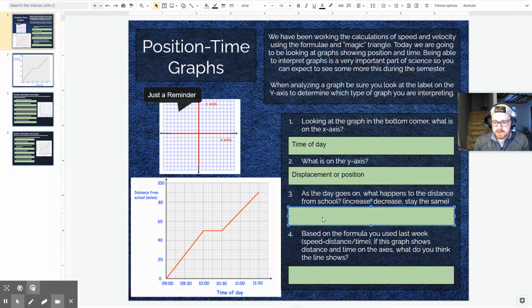So as the day goes on, what's happening with the distance from the school? We'll say displacement. I'll change that on your version. So as the day goes on, what happens to the displacement?